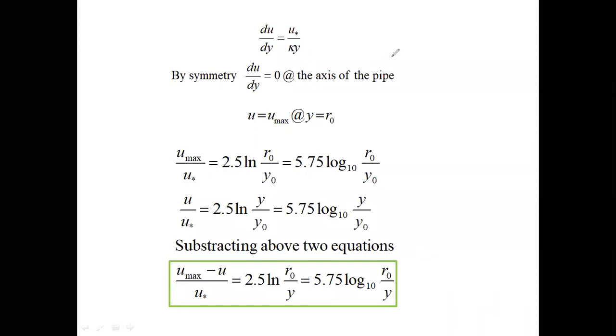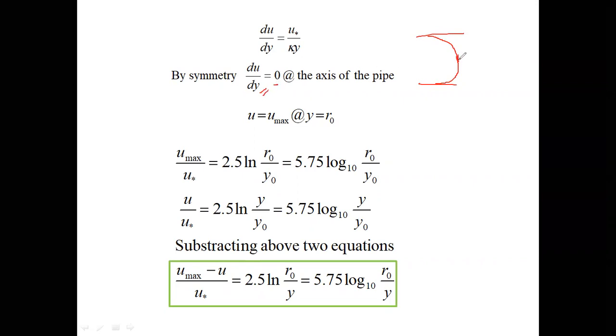We know that this turbulent flow velocity profile is a logarithm distribution, right? At the pipe axis, it's almost flat, right? Then du by dy becomes 0.